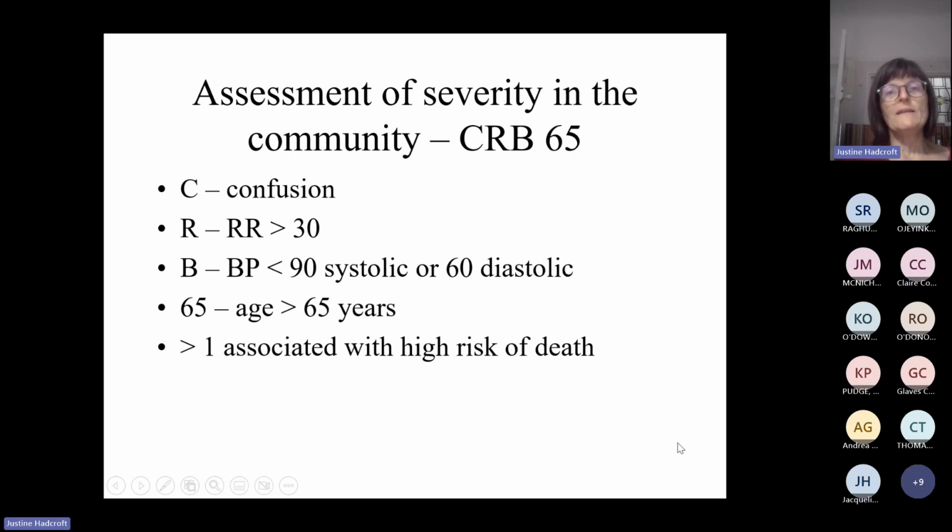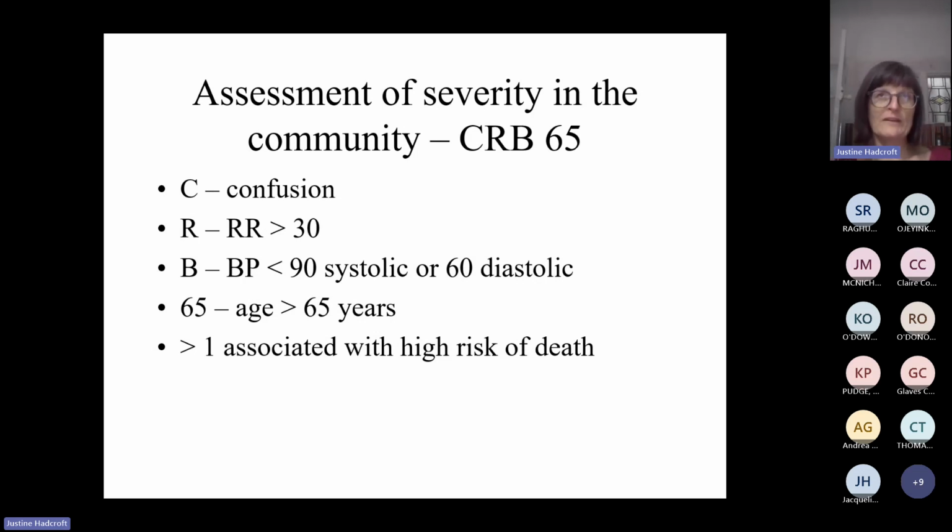Right. In the community, traditionally, we've not checked bloods, although maybe we will as part of our respiratory virtual ward point of care testing. And I think if we are checking these in the community, we should use CURB 65 because it's a much more accurate severity assessment.